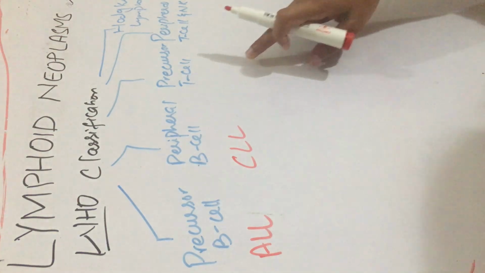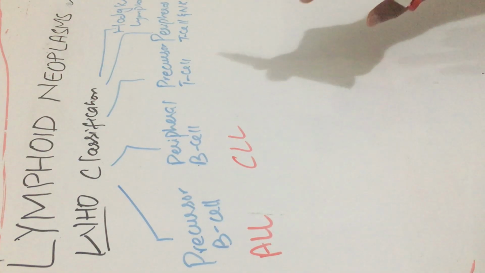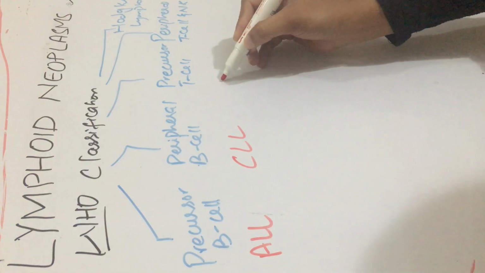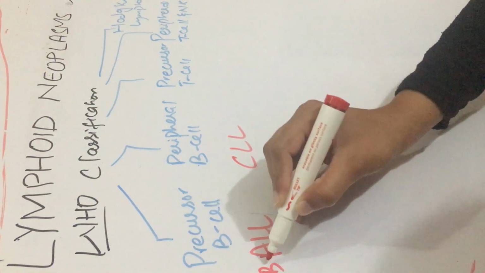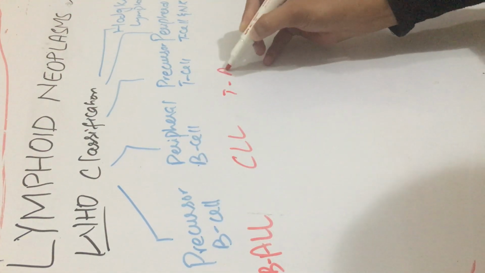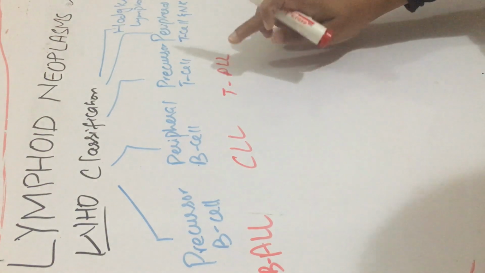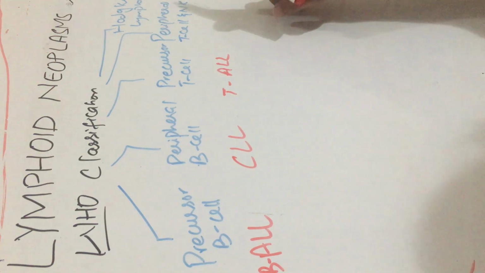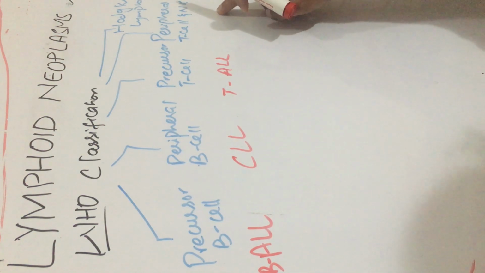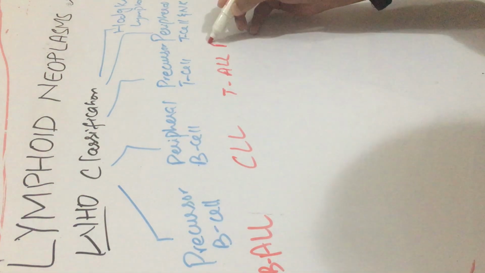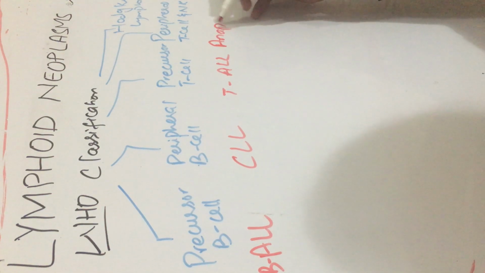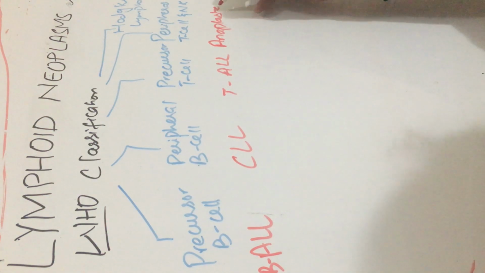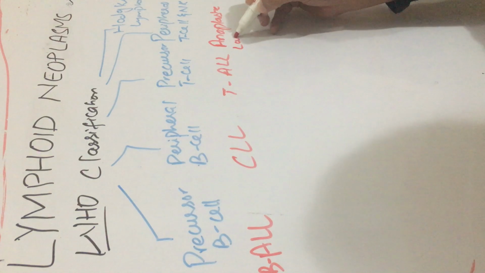And in the precursor T cell neoplasm, as it would be B-ALL, it would be T-ALL, that is T cell acute lymphoblastic leukemia. And in the peripheral T cell, there would be anaplastic large cell lymphoma.